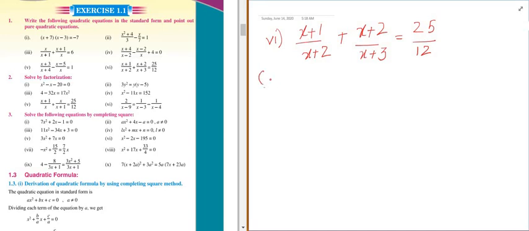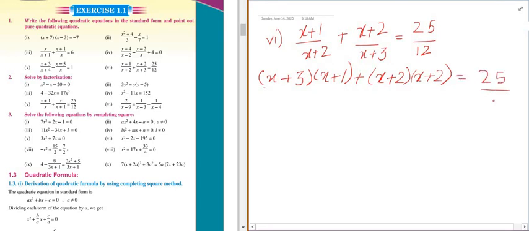You will get x plus 3 into x plus 1 plus x plus 2 into x plus 2 equals 25 by 12, and the LCM of this whole term is x plus 2 and x plus 3.